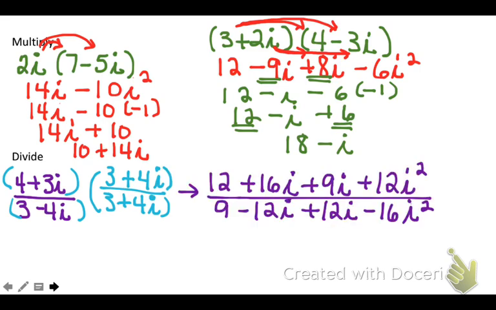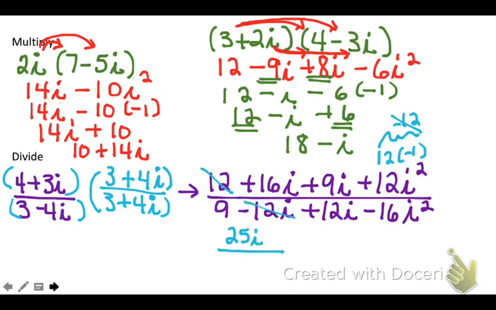Now that we completed our multiplication, we need to combine our like terms and simplify. So the 12i squared, we know that's the same as 12 times negative 1. So this essentially is equal to negative 12. So 12 and negative 12 cancel. So we end up with 25i in the numerator.